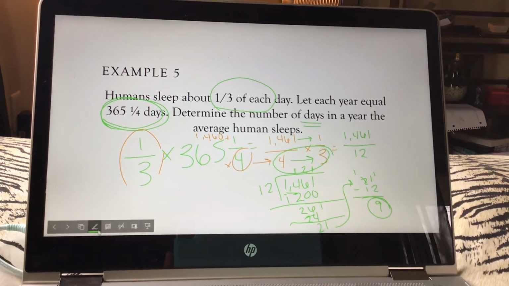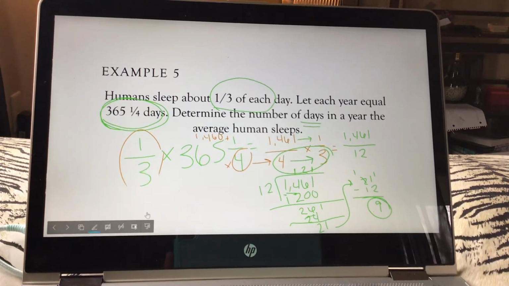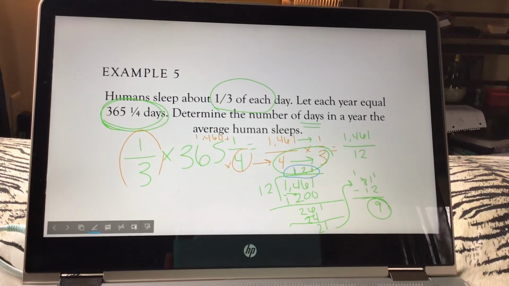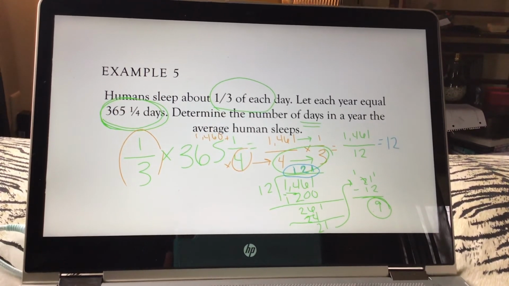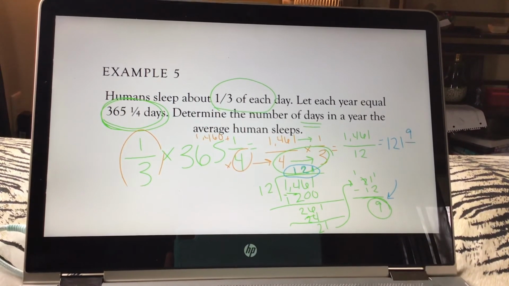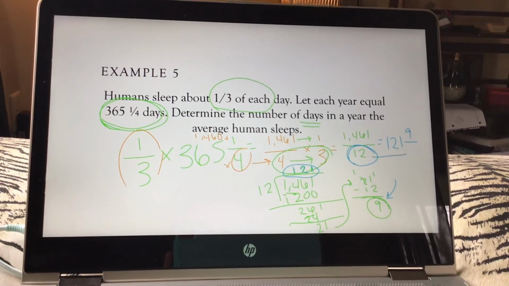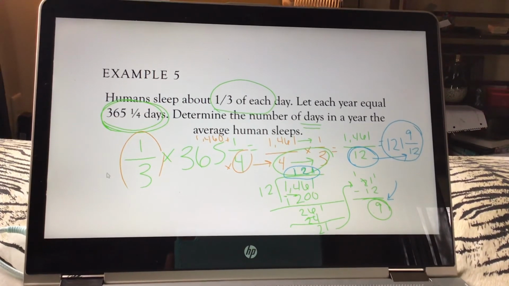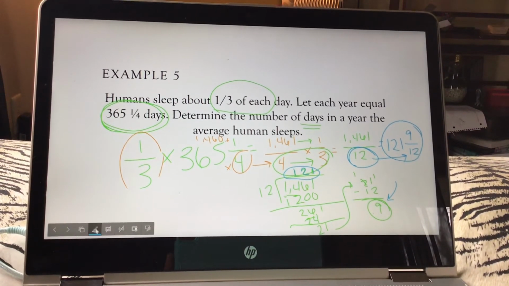So our whole number here at the top, when we did our long division, you can see it's 121. So 121, we had a remainder of 9. That would be part of our fraction, and then we're going to keep our denominator the same, which was 12. 121 and 9/12. Can I simplify? Yes, I can.